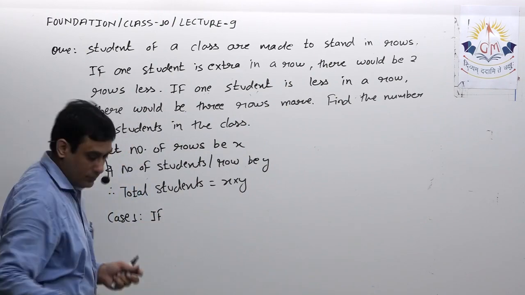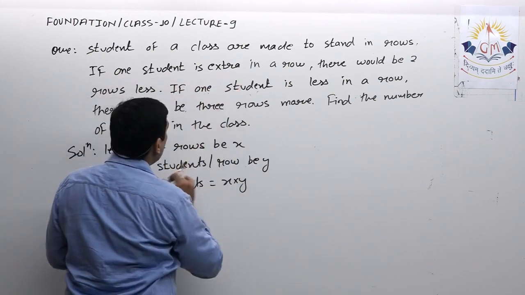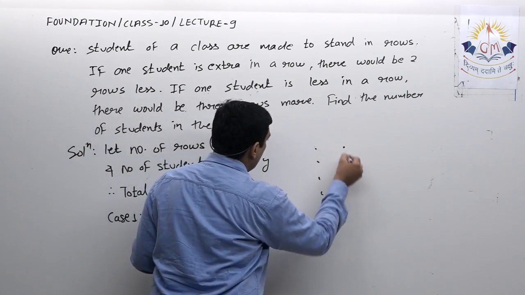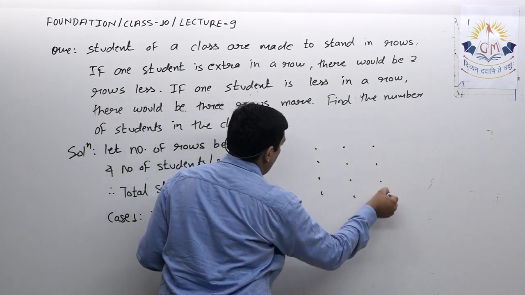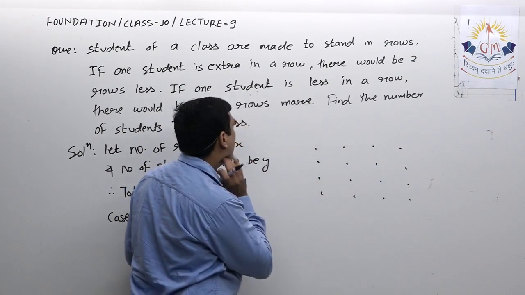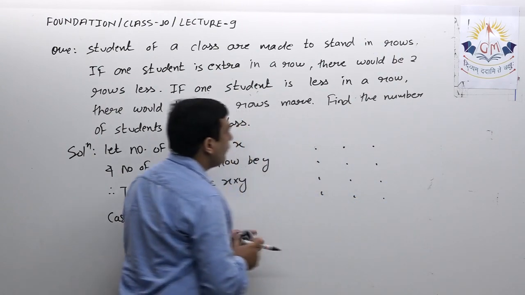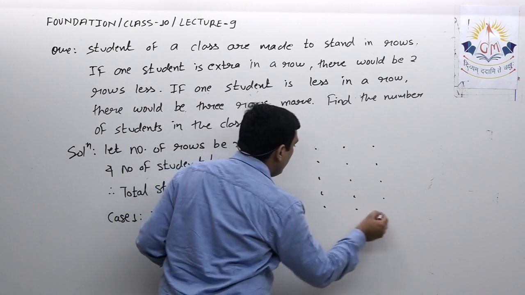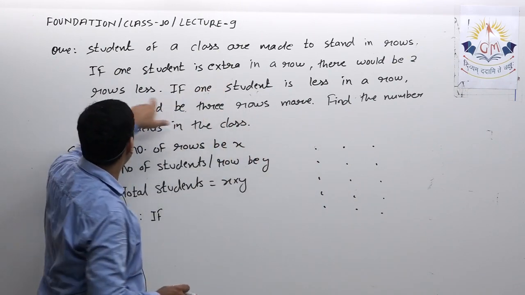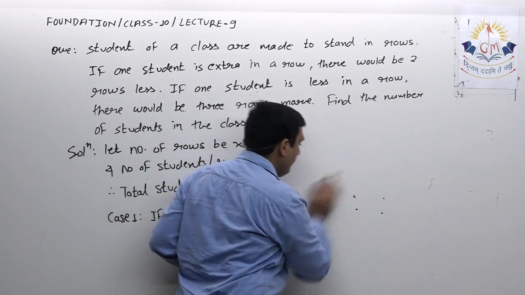Definitely we have to reduce the number of rows, then only it is possible to make one student extra in a row. So there would be 2 rows less, but the number of students remains the same.